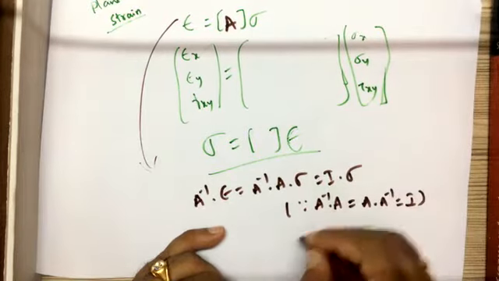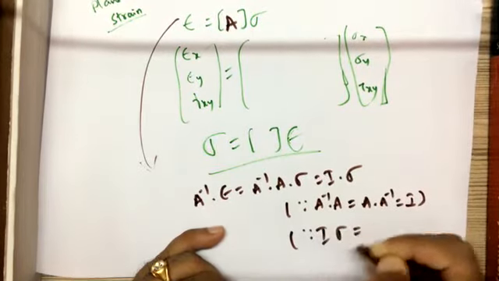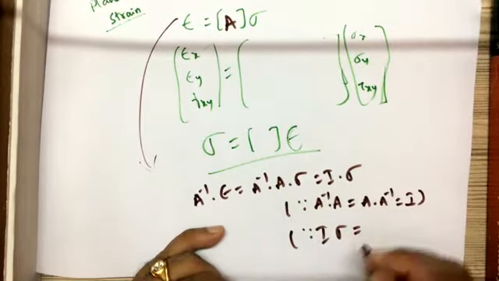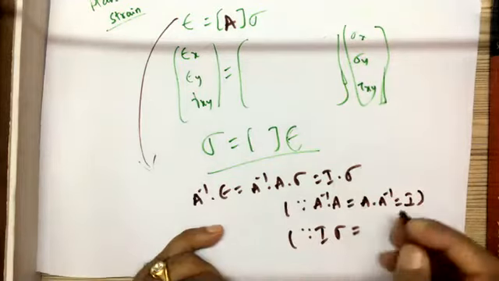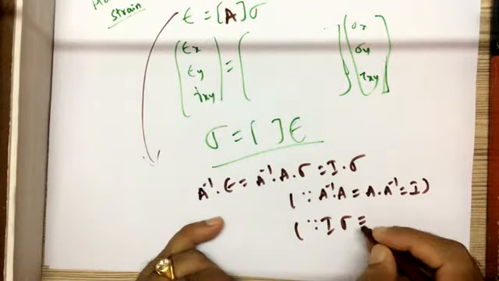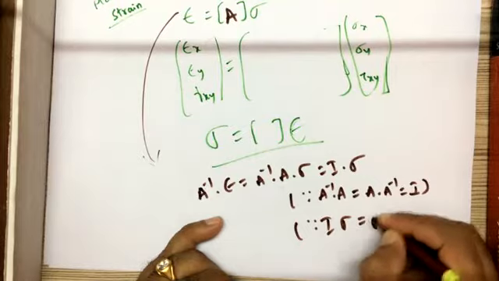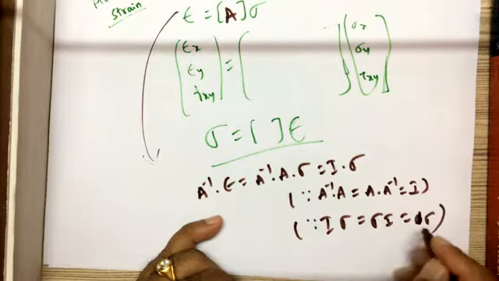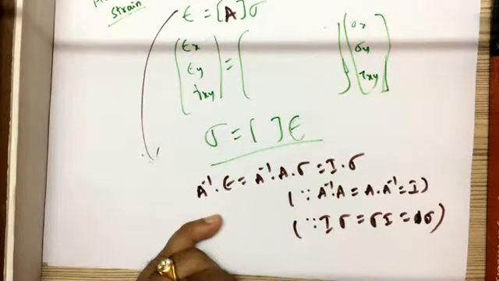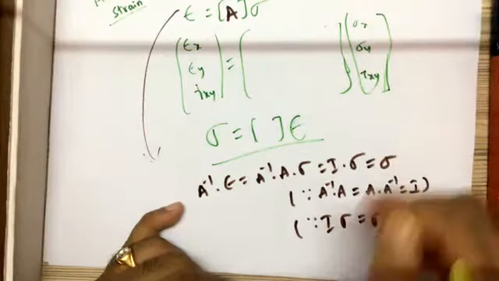And if you multiply any matrix with its appropriate identity matrix, you get the same matrix. So I into sigma equals sigma, and I can write it as sigma.